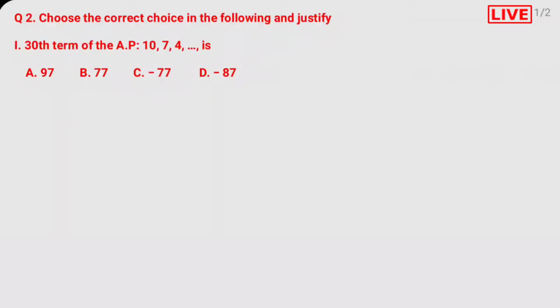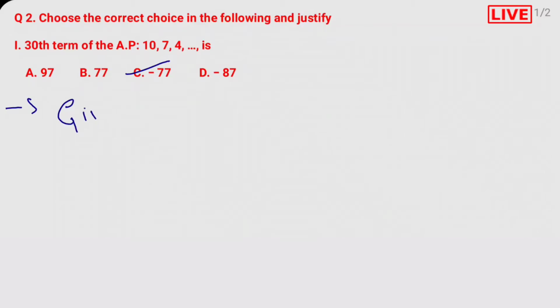Option A is 97, B is 77, C is minus 77 and D is minus 80. So here the correct option is C, minus 77. Justify it, so let me solve here.